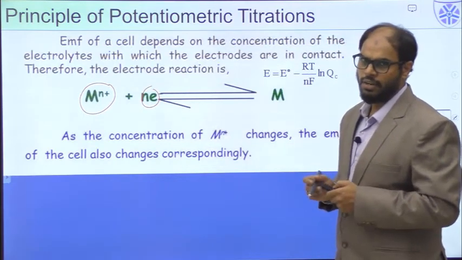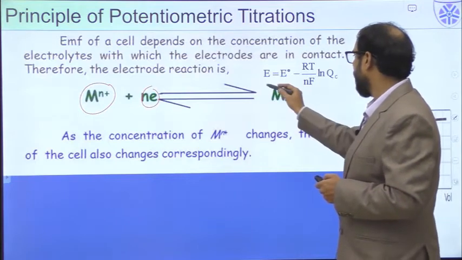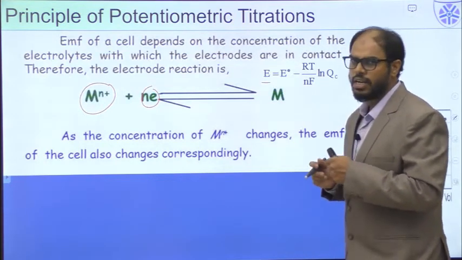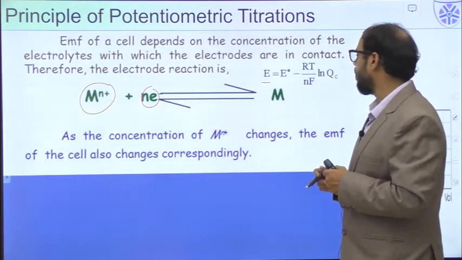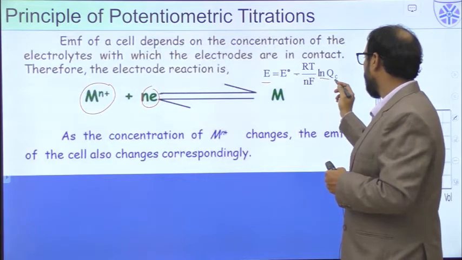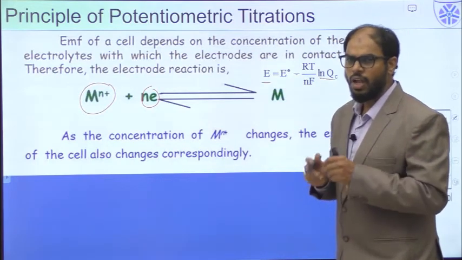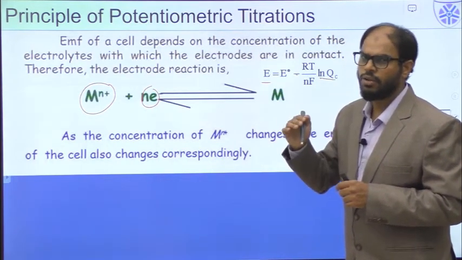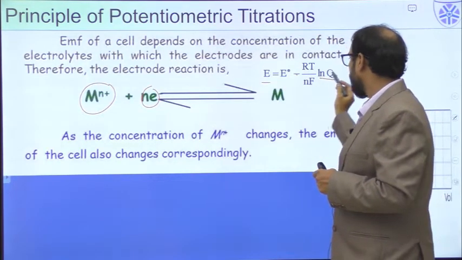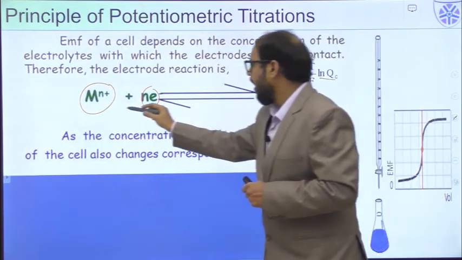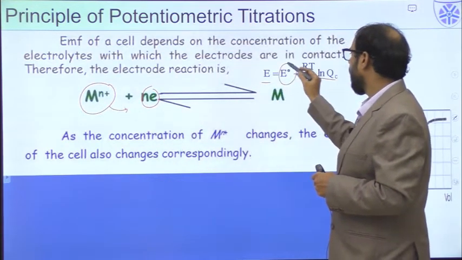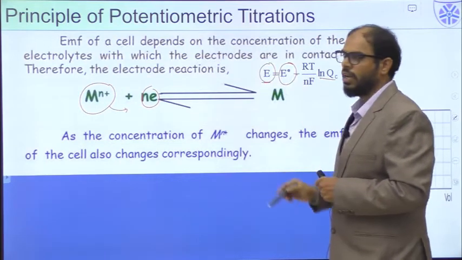Since we know from the Nernst equation that the electrode potential under non-standard conditions can be given by the formula E = E° − (RT/nF) ln Qc, where Qc is the concentration of the products divided by the concentration of the reactants. We know very well that the concentration of the analyte definitely depends on the electrode potential value.